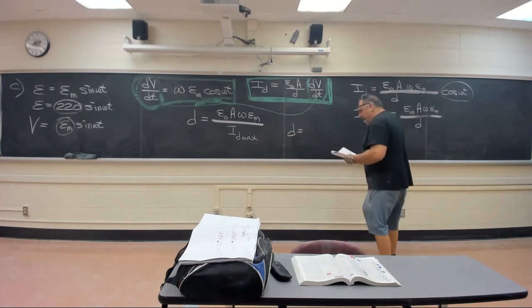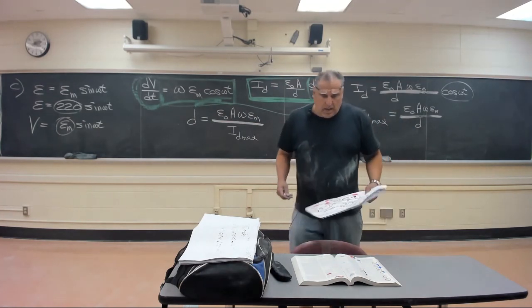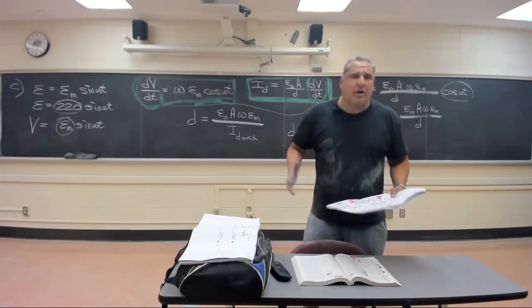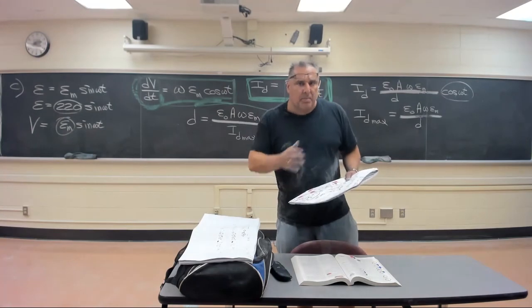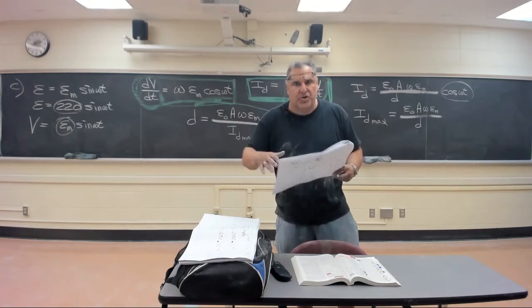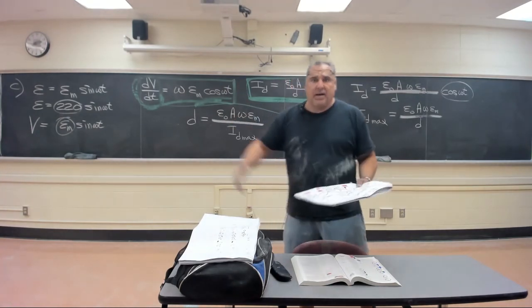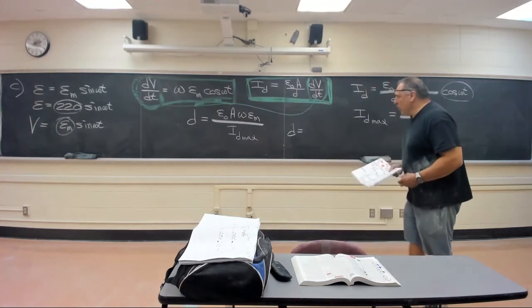You plug in all the values that they gave you. You're going to have to find that area. It's pi r squared, but they tell you the maximum radius that you can reach and still be on the plate. Well, it's the radius of the plate, and you go pi r squared.